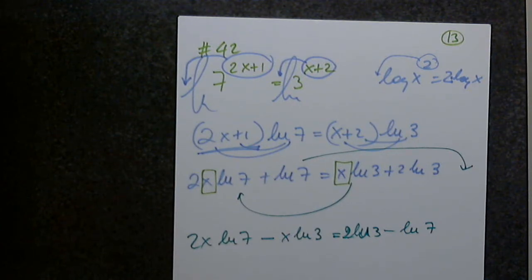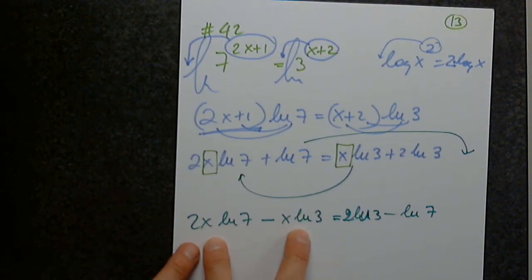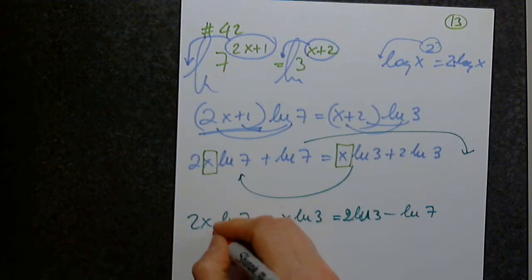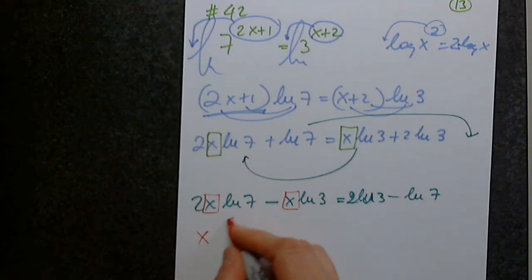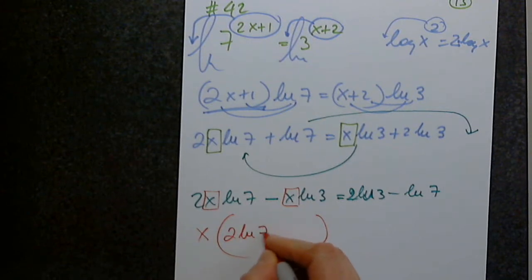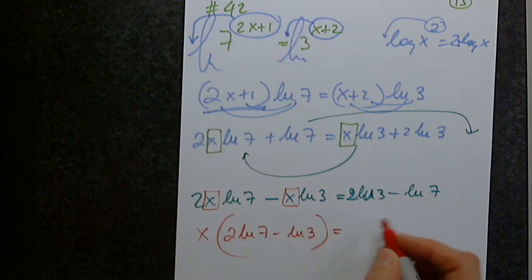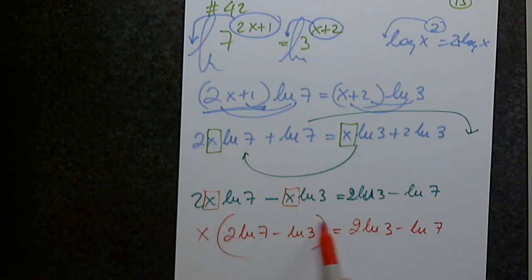And now you could just say, combine these. And I'll say I won't, because I can't. But there is something I have to do. What can I do to solve for x? Exactly, factor out x: 2 natural log 7 minus natural log 3, equals 2 natural log 3 minus natural log 7. This is a number.